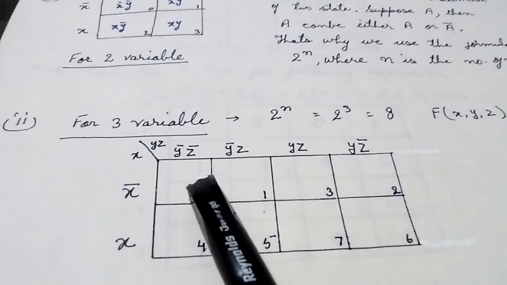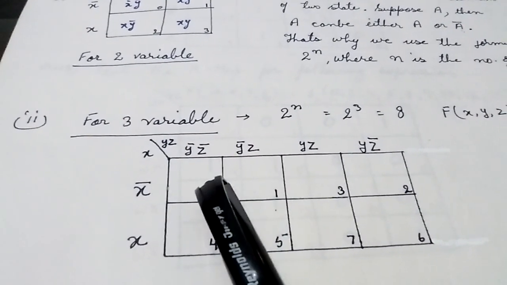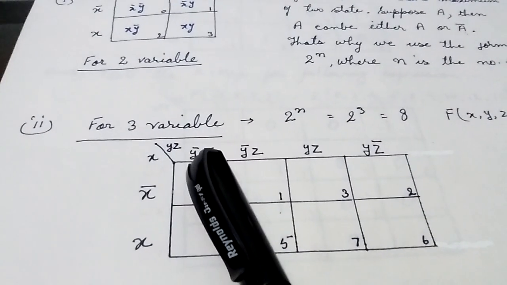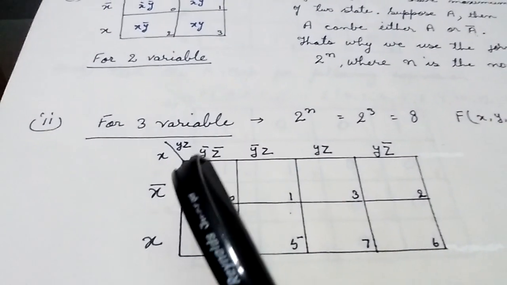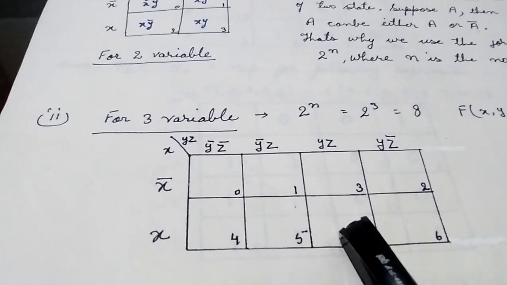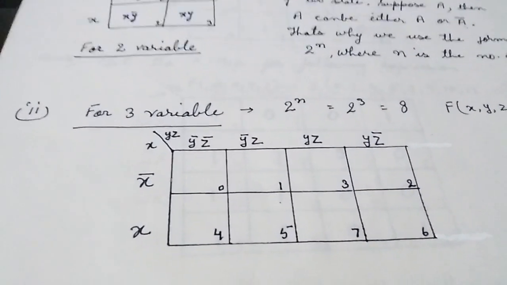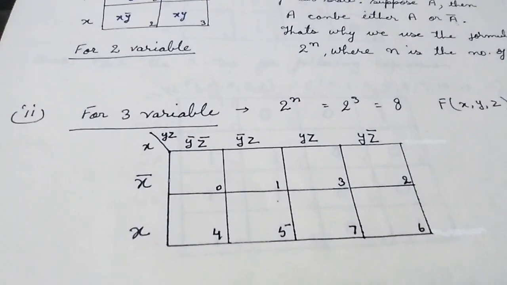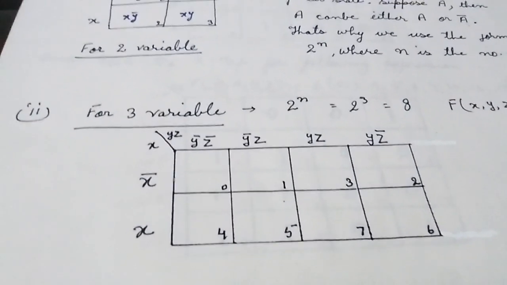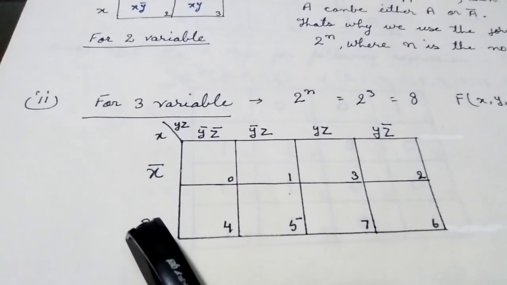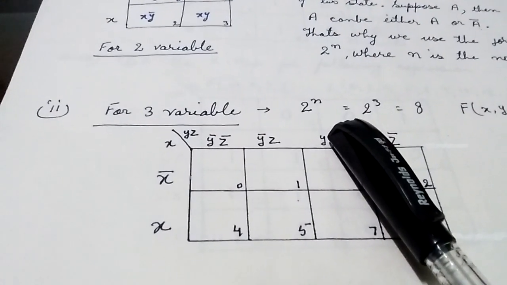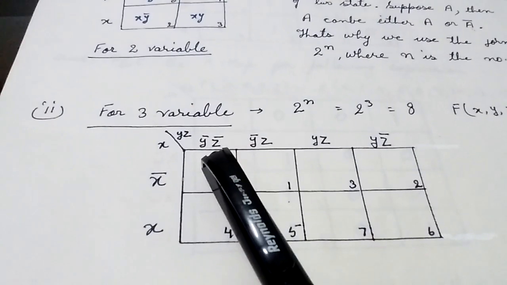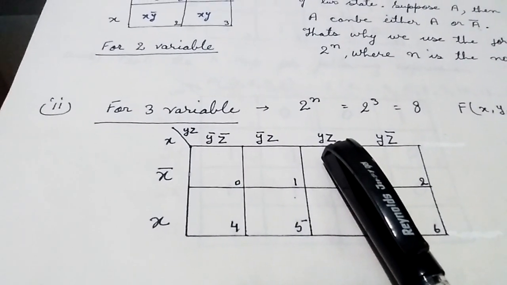So the first cell 0, it means the min-term combination of this cell will be x bar, y bar, z bar. So we put here y bar, z bar. Then we see the last one, 7, which is very easy to remember, that 7 is 1, 1, 1. It means x, y and z. So we get the x from here, y, z we put here. So the 2 of the columns are finished, y bar z bar, y z.